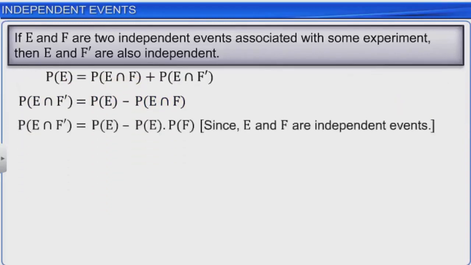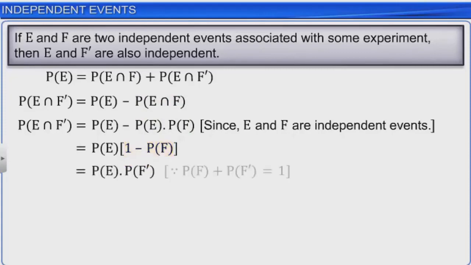Since events E and F are independent, the probability of E intersection F is equal to the product of the probabilities of events E and F. Taking the probability of E common from the right-hand side, we get the expression as shown. Now, 1 minus the probability of F is equal to the probability of F complement.